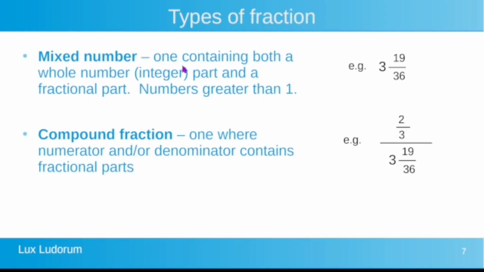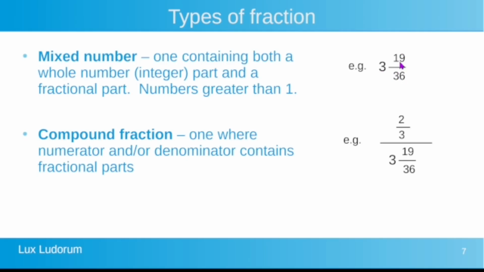Mixed numbers. These are ones containing a whole number integer part and a fractional part. For example, 3, there's the whole number integer part, and this 19 over 36 is the fractional part. And we think of this as 3 whole ones plus 19 over 36 as a fraction of a further whole one.